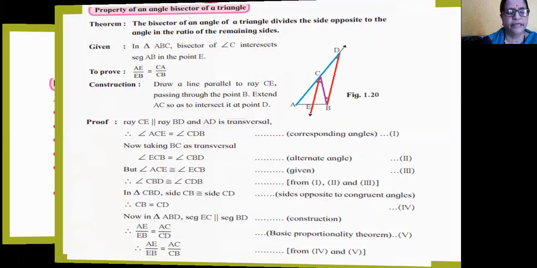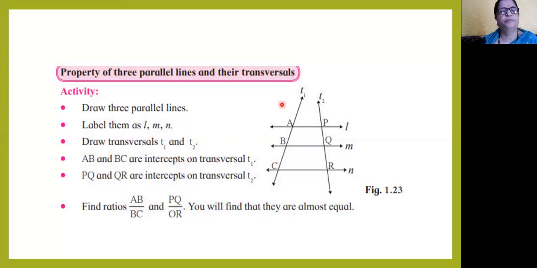Okay. Next, we'll see the property of three parallel lines and their transversals. Here line L is parallel to line M, M is parallel to line N, and T1 is a transversal and another transversal is T2.